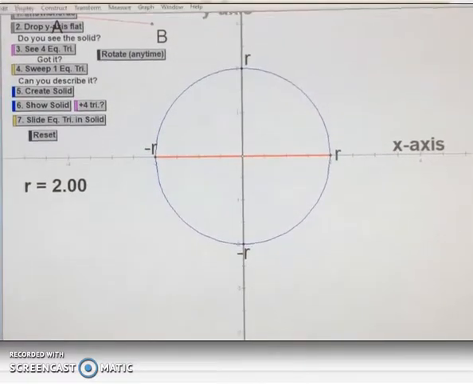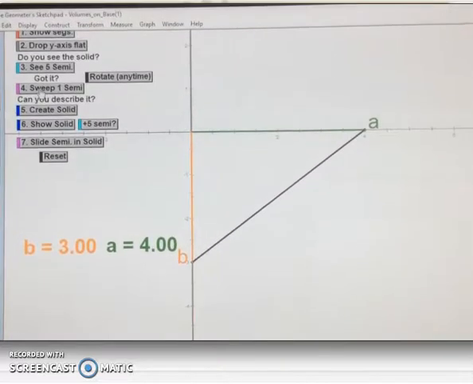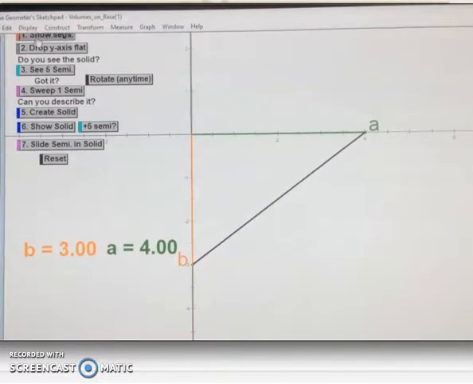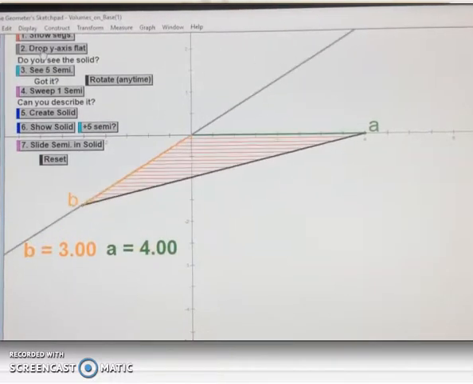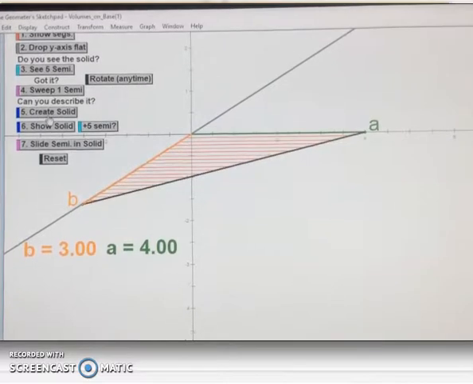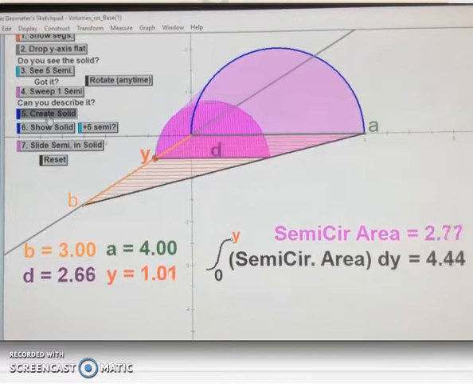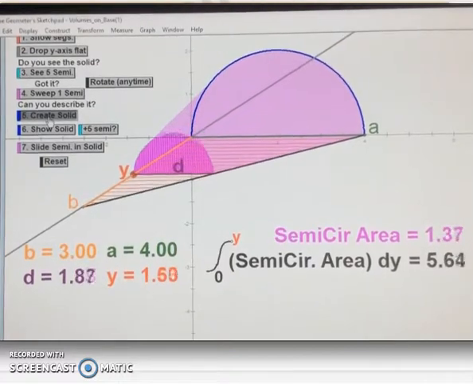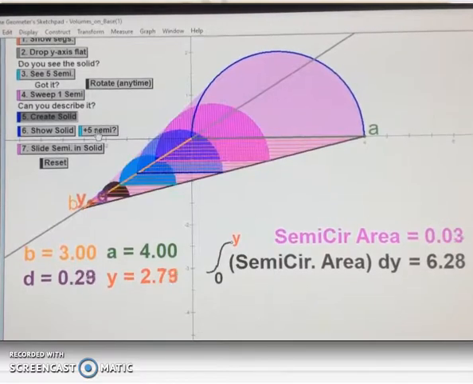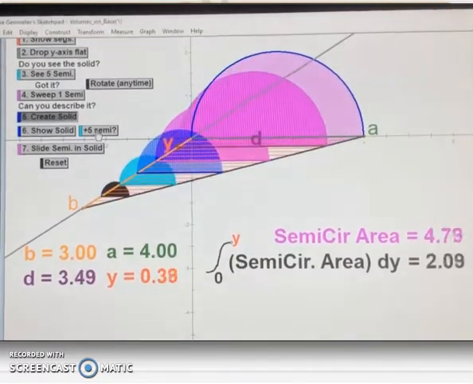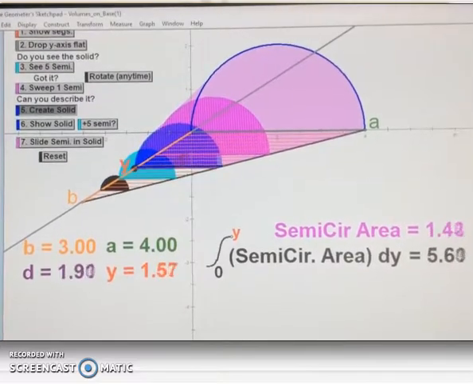Let's take a look at maybe semicircles. So there's a triangle there. We want to see what it would look like with semicircles. So let's create the solid. So we started at the 0 mark, and we're moving toward the front. Here we could show the picture with little semicircles. Sorry about that.